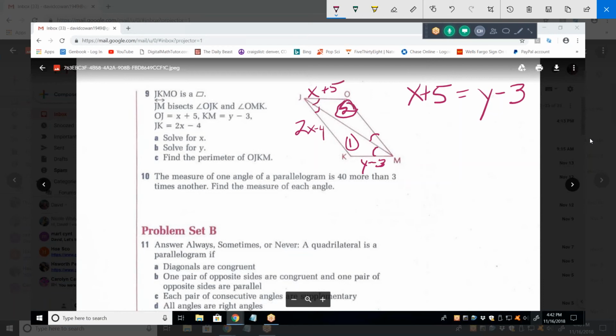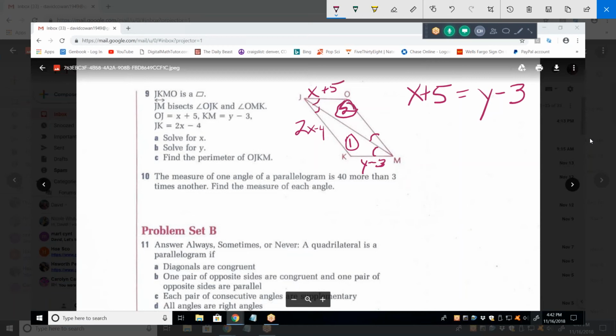Now, if we examine these triangles, whether it's 1 or 2, let's look at triangle number 1. The fact that those two angles are equal means what? What kind of triangle is it if it's got two equal angles? That makes it isosceles. So the two opposite sides to those angles have to be equal.